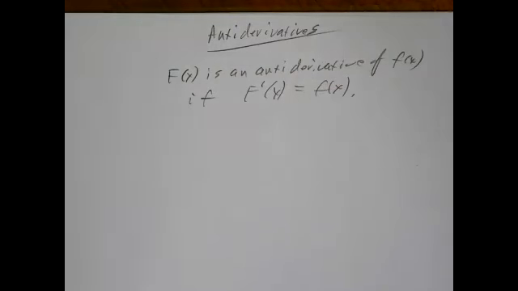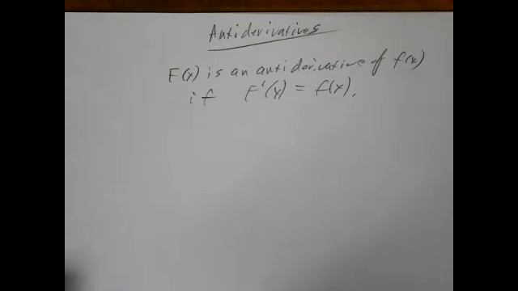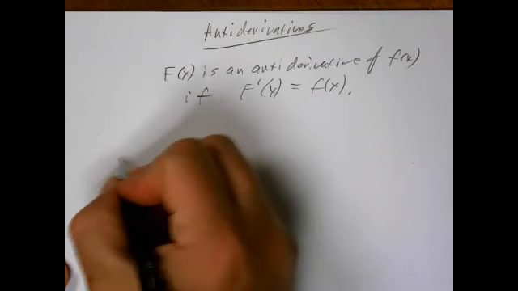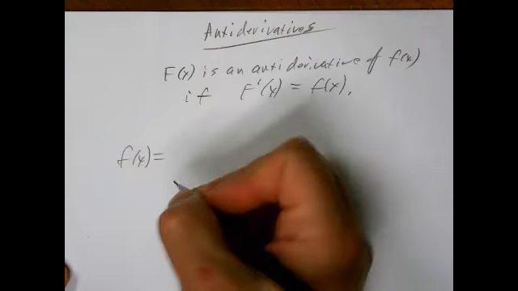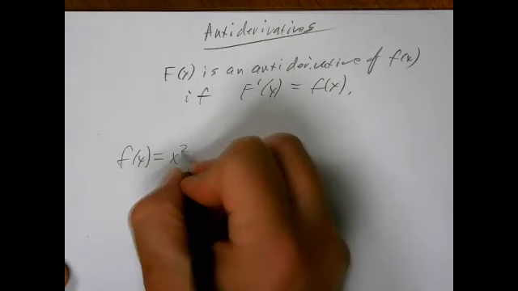Now, for the time being, the way these antiderivatives will be found is that you will simply have to look at a function and say, well, what have I in the past perhaps taken the derivative of to get this answer? For example, if you had f of x equaling something like x squared.